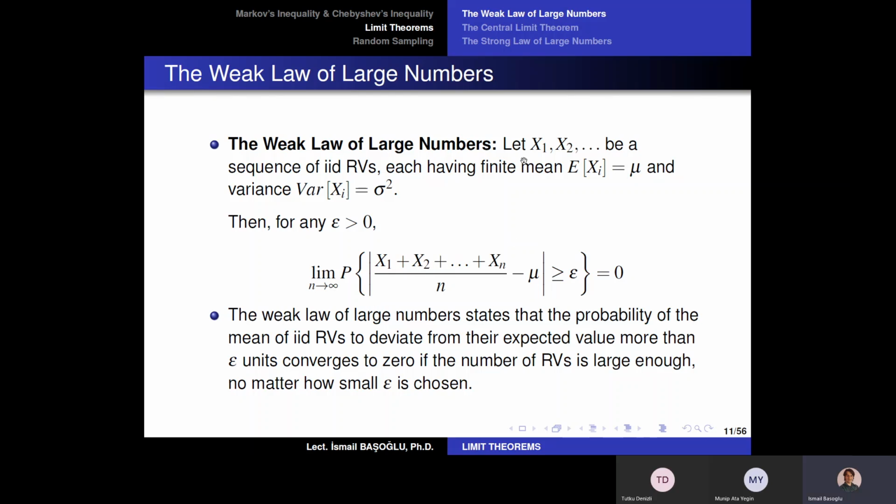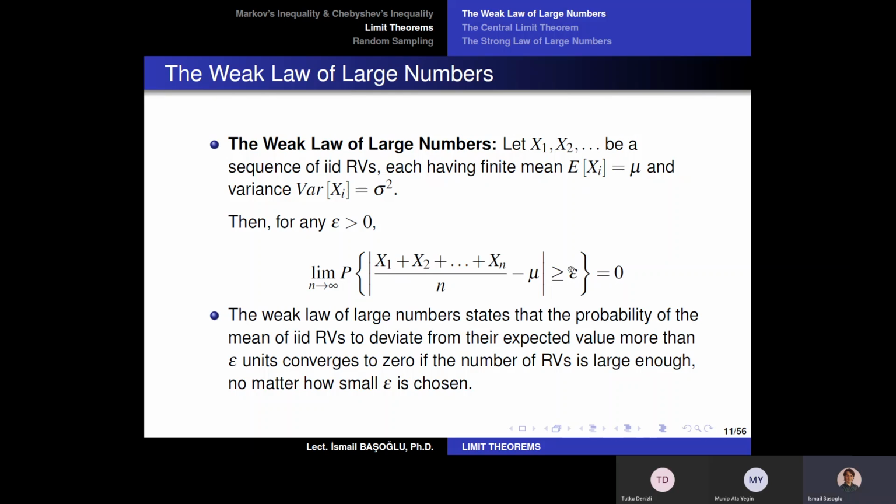Let's say this is an infinite sequence, and if you increase the number of random variables that you take into account in the average to infinity, if this n goes to infinity, if you take the average of more and more random variables from that sequence, that average minus the expected value will have an absolute value greater than or equal to epsilon with 0 probability.